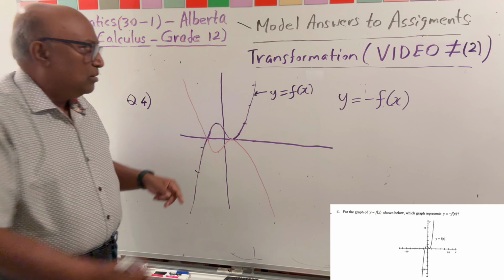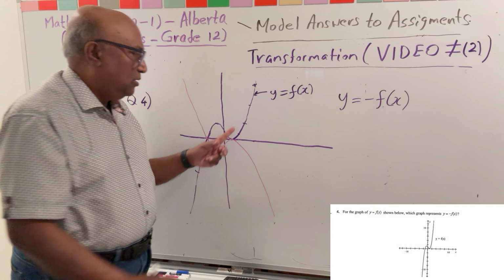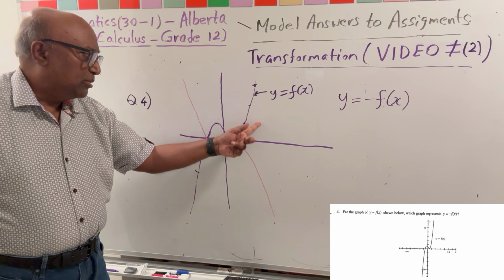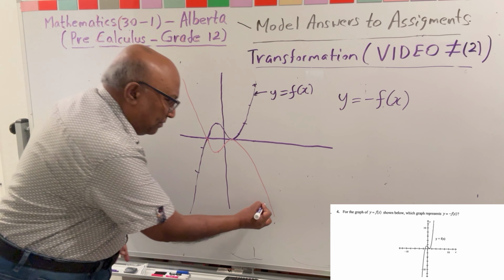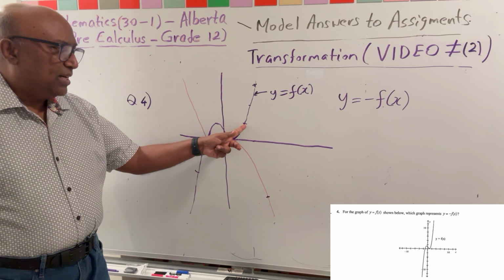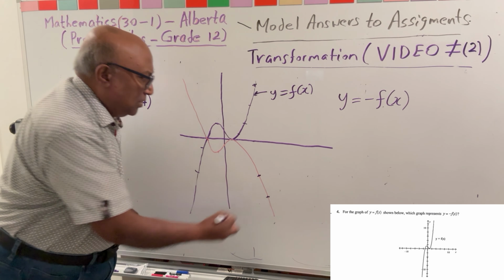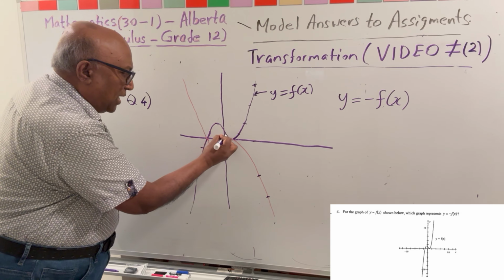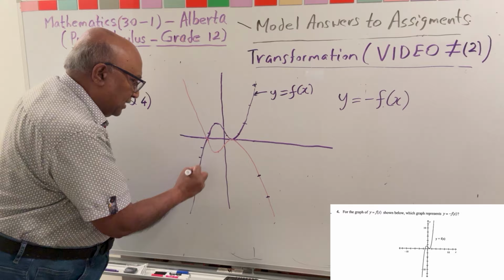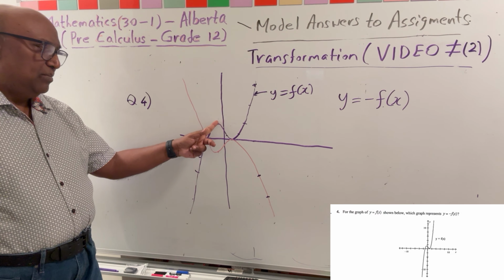Then the corresponding point to this point, you have to mark at equal distance on the other side, somewhere here. That means mark corresponding points on the other side of the x-axis.